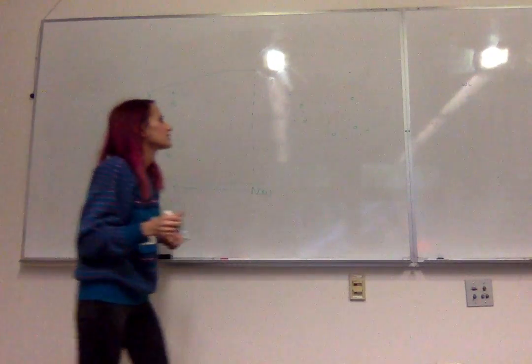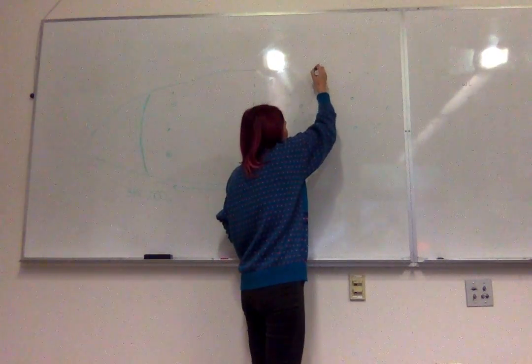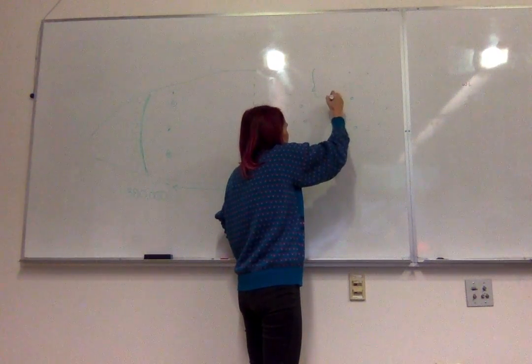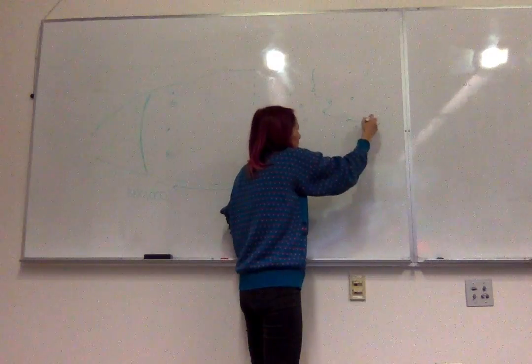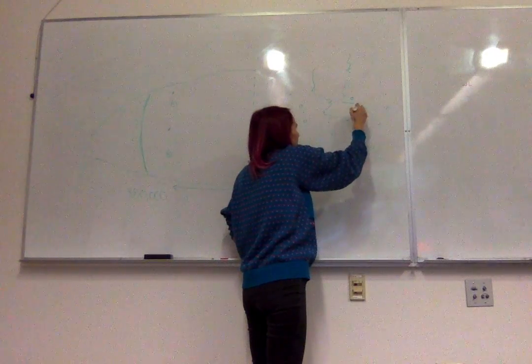So the problem is, electrons scatter light. So when light passes through these electrons, it gets scattered around, and it gets all mixed up.